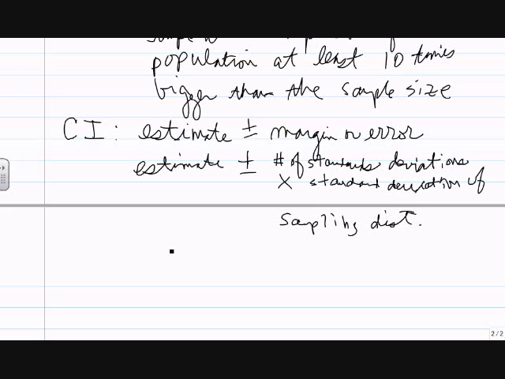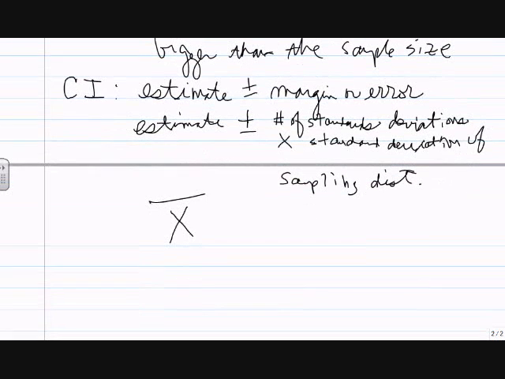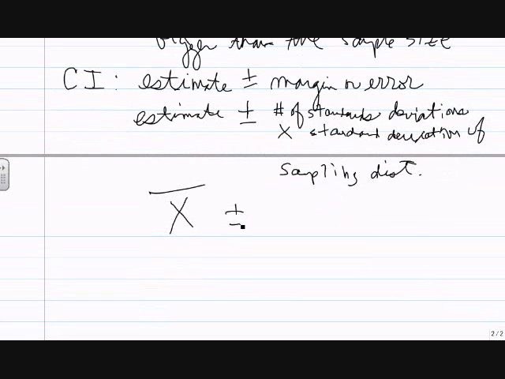So I'm going to simplify this into, my estimate will be my sample mean plus or minus the number of standard deviations. We're going to abbreviate with Z with an asterisk, and that's called critical Z, and we'll learn how to find critical Z here, times the standard deviation of the sampling distribution, which in this case is probably going to be sigma divided by the square root of n.